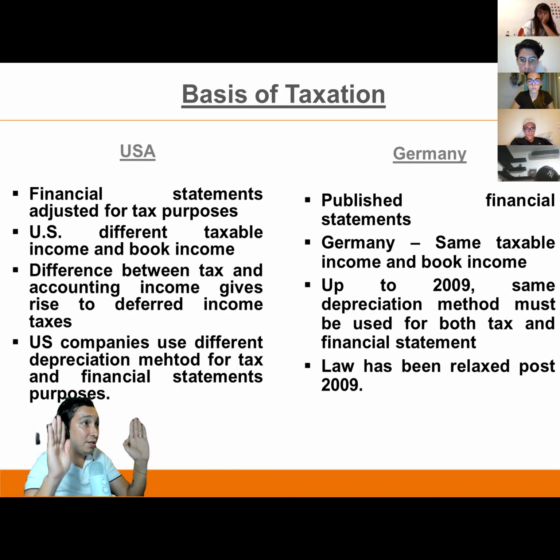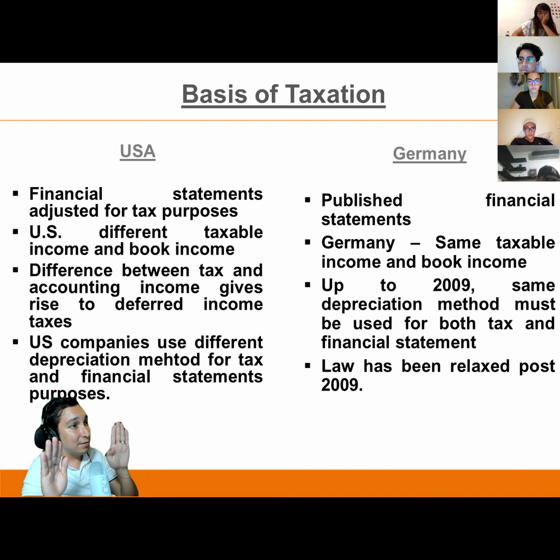You have financial statements which follow a financial criteria, and you have tax statements that follow a tax criteria. In Germany, for example, they use the financial statement for both. So they have the same basis of taxation. That's why it gets more complicated regarding the accountancy aspect.